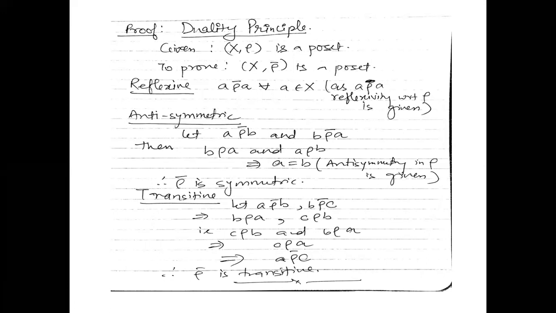So we have to prove that X with respect to rho bar is a partially ordered set. These three things we have to prove: reflexivity, antisymmetry, and transitivity.